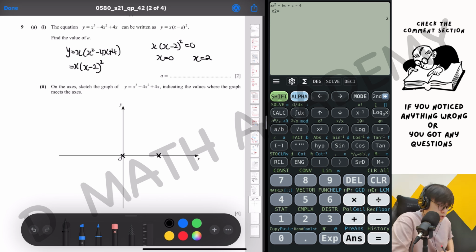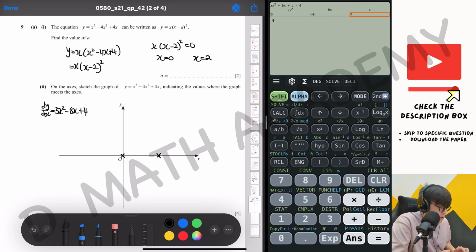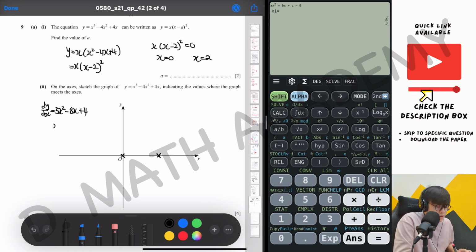Okay, for us to do it, so you get dy/dx equals 3x squared minus 8x plus 4. Okay, try to factorize this. You have 3, you have negative 8, you have 4. So you will get your turning point is actually when x is 2 over 3 as well as 2.